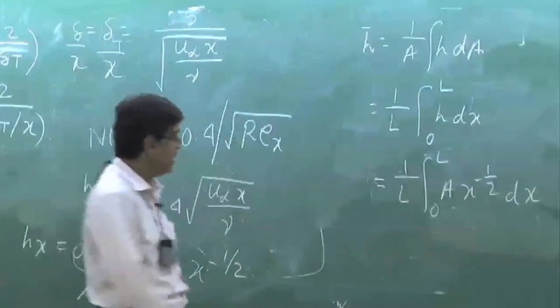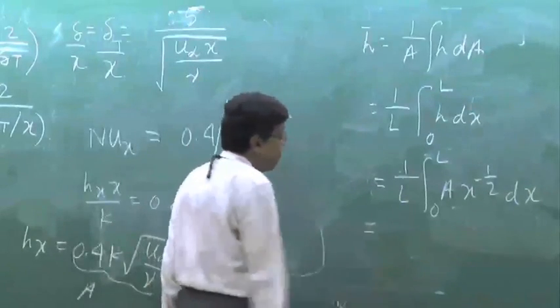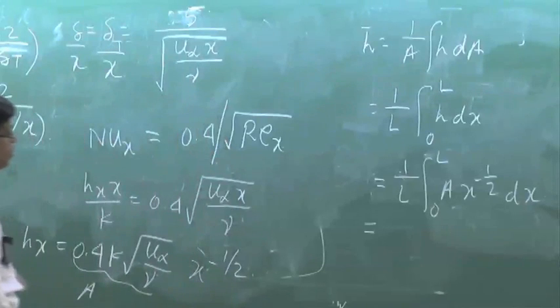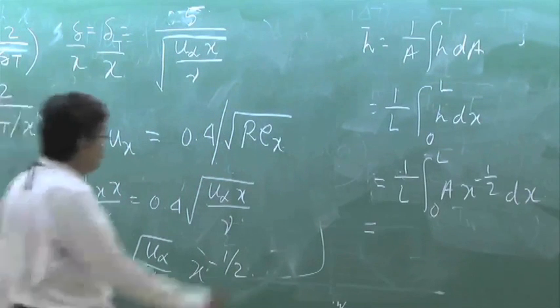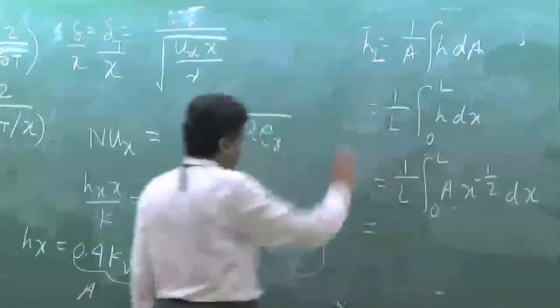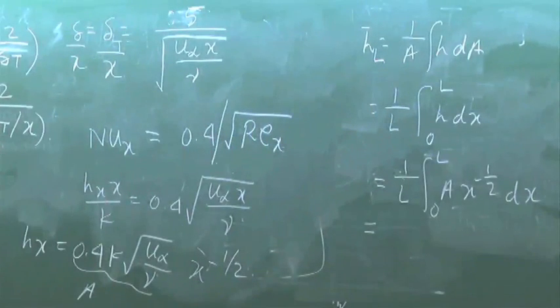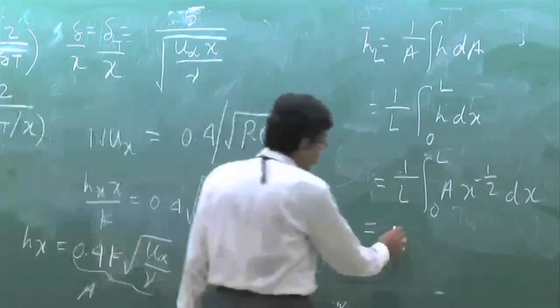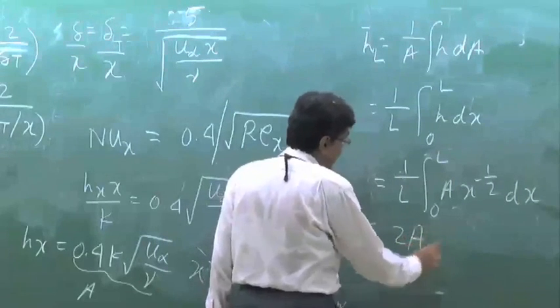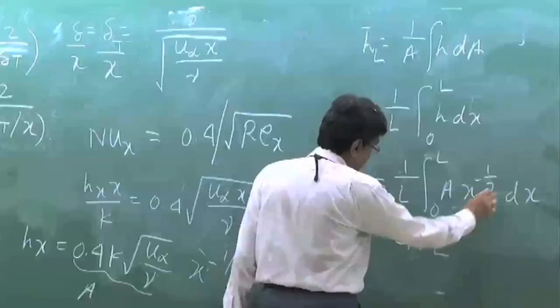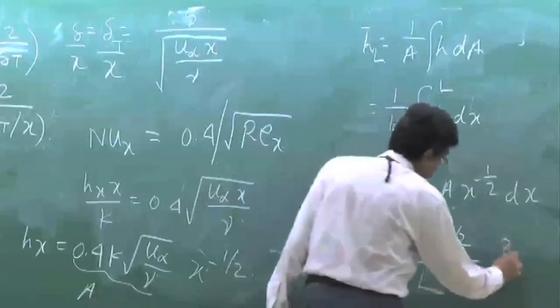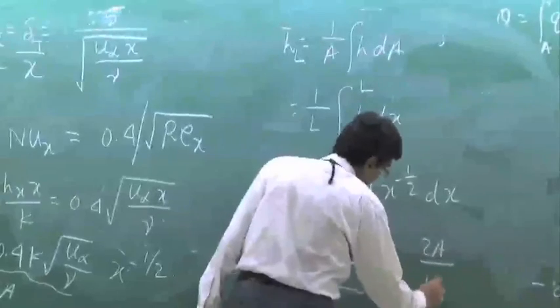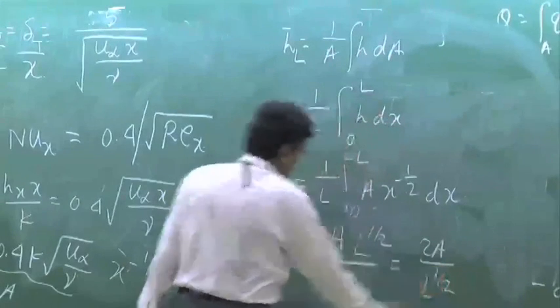What is the result? 1 by L into A times x to the power half divided by half, that means 2A L to the power half divided by L, that is 2A by L to the power half.